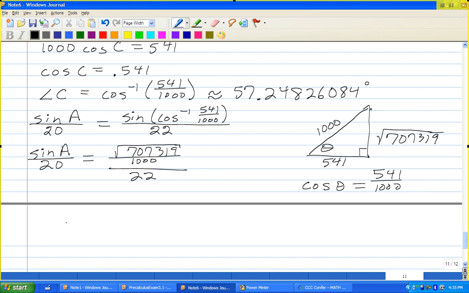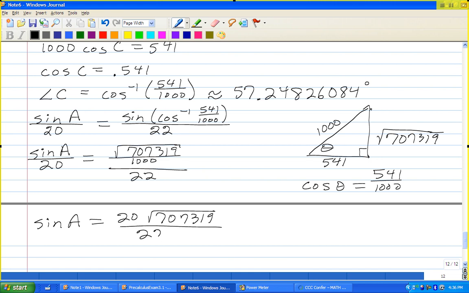And so I have that the sine of the measure A is 20 times this, which is actually 22 thousand.